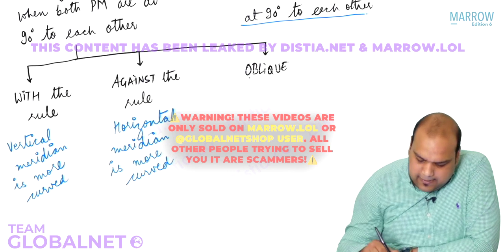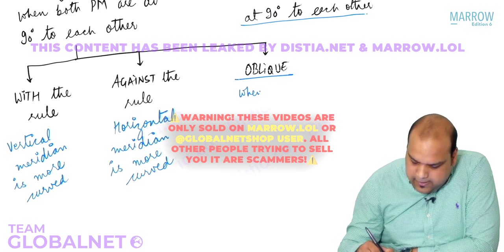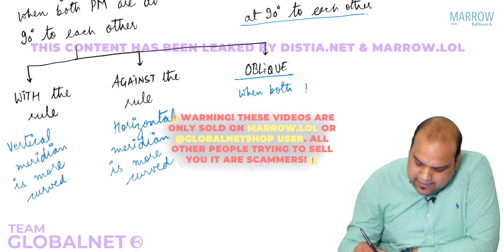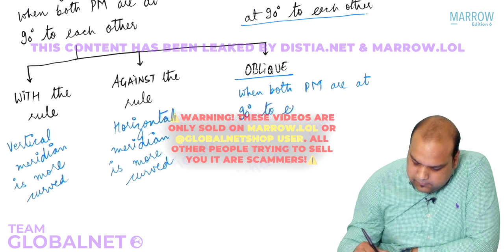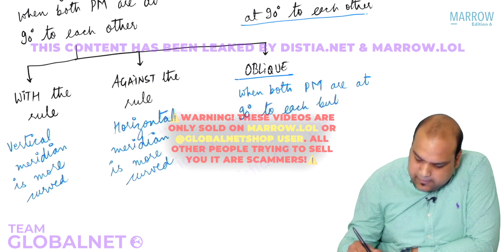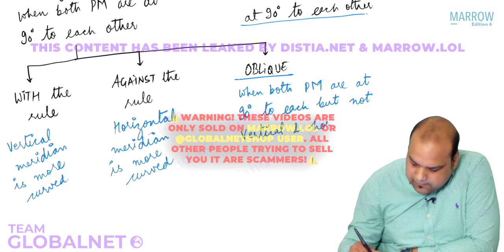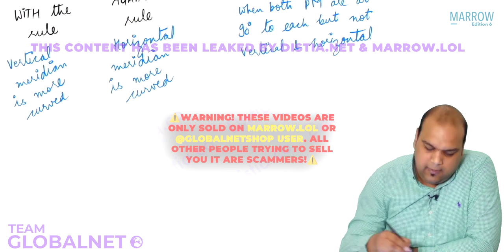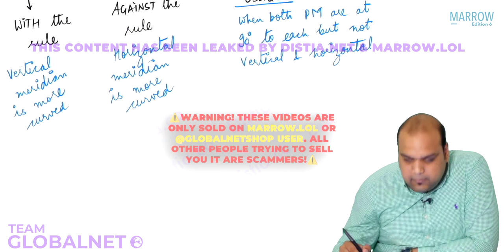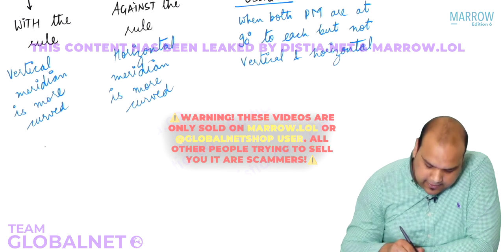And oblique astigmatism is when both principal meridia are at 90 degree to each other but not vertical and horizontal. If you understand from the English, it's okay. Otherwise, see, I'm drawing simple diagrams.